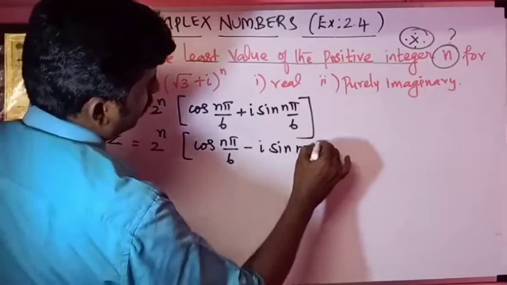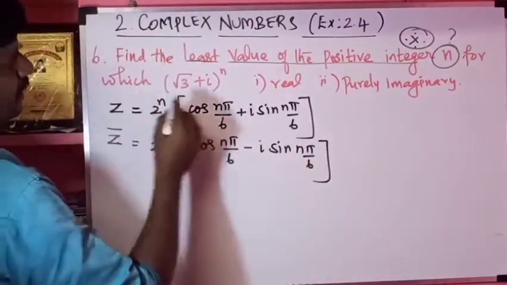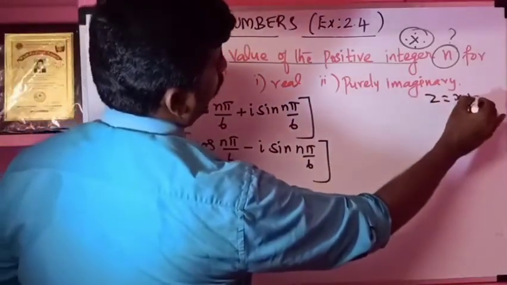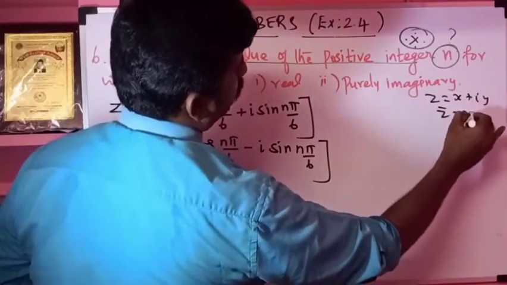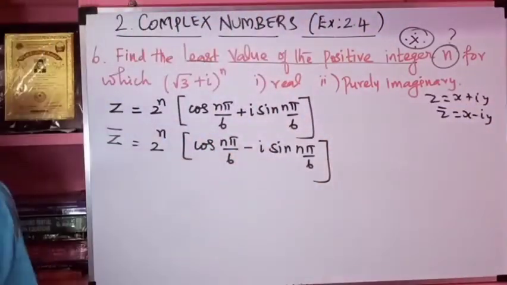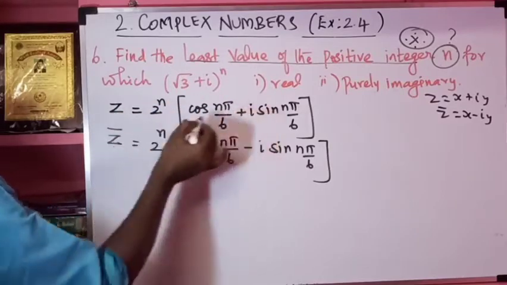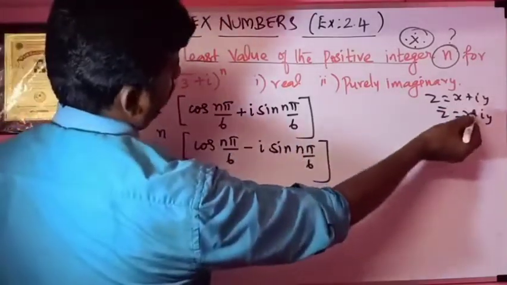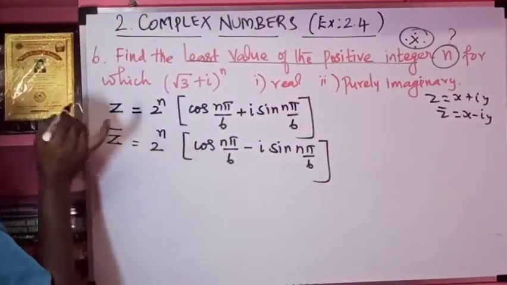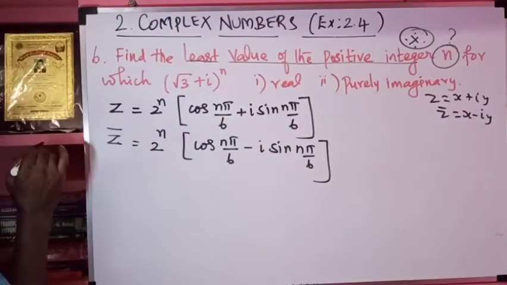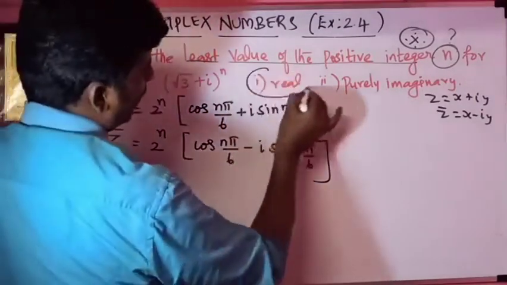Is it clear? What do we say for z? z is equal to x plus iy, and z bar is equal to x minus iy. In the same way, where z has a plus, z bar has a minus. See why we bring z bar here. So what is the first condition?